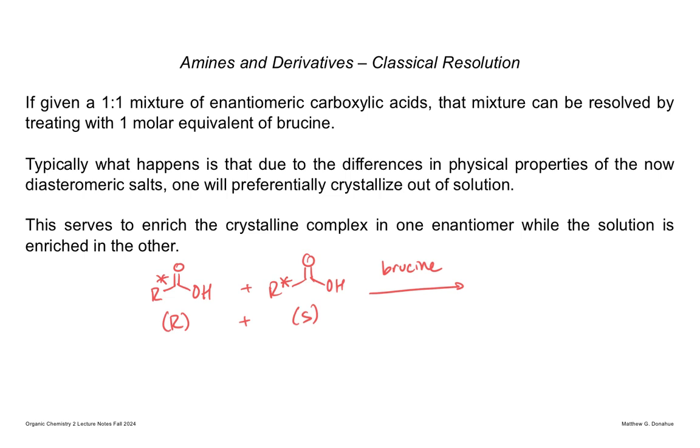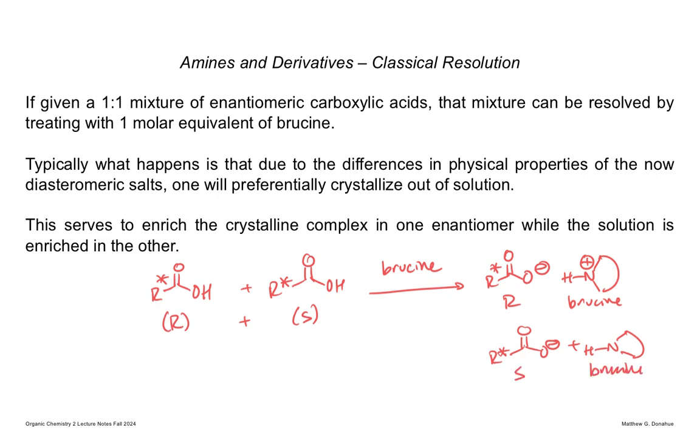What you get are these two salts. So R, O minus, and then we'll say HN plus. This is the brucine. And then you get the other salt. Now the brucine's still the same molecule, but that's S.